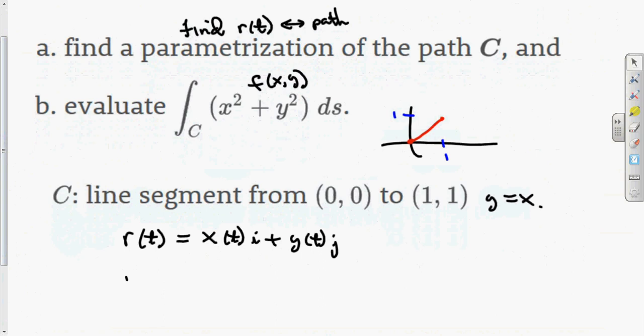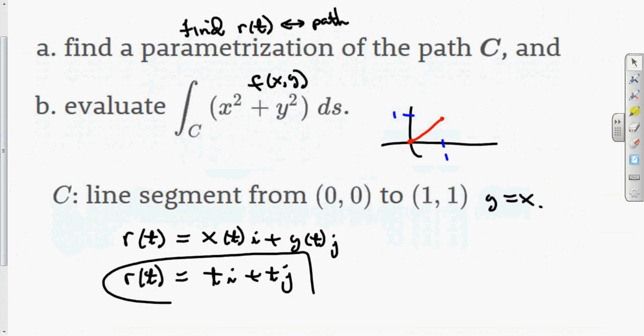So for this particular problem, r(t) is simply whatever x is, y is the same. r(t) depends on t, right? So we have to eliminate the x and y and have the parameter t. So this simply means that r(t) is equal to t i plus t j. That is, whatever x is, y is the same thing. Well, they're both equal to t.